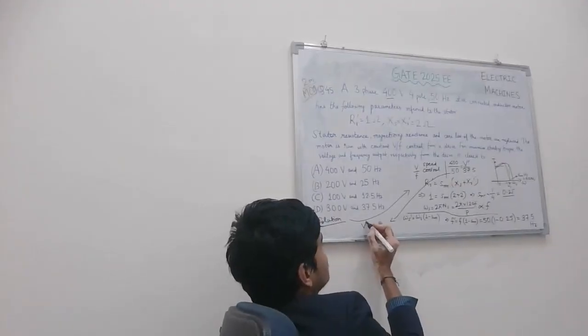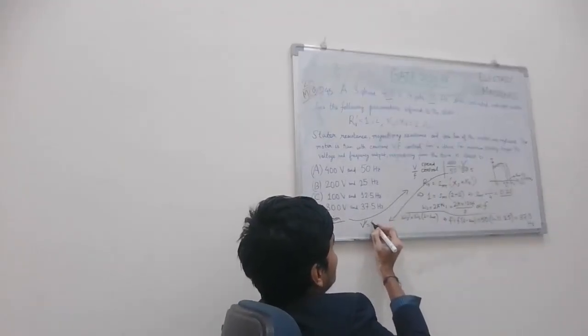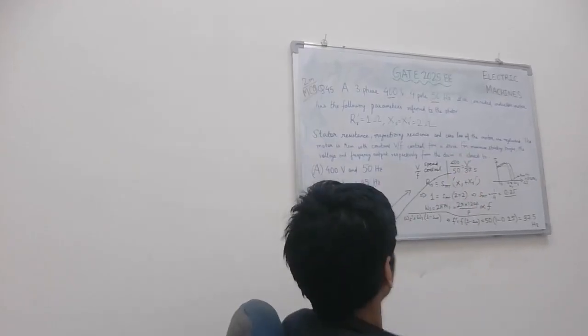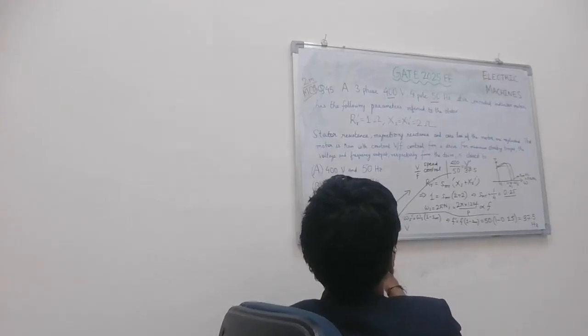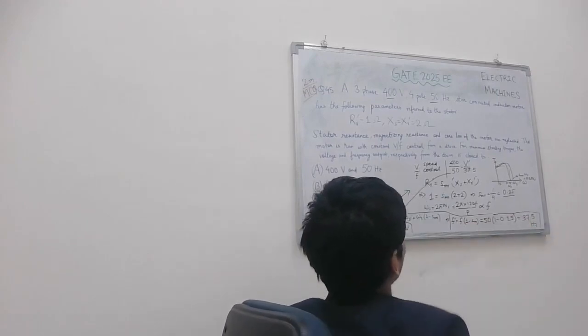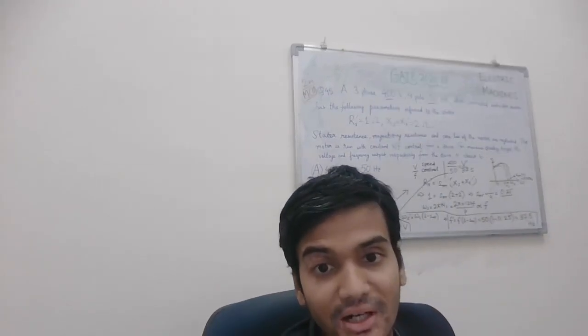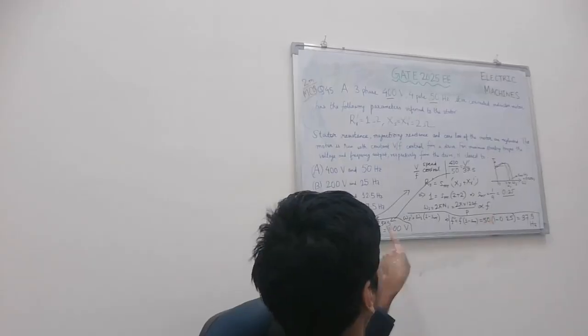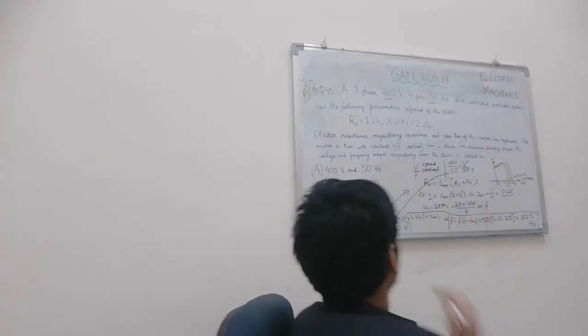V prime is 400 by 50 times the new frequency. Cross multiplying, we get the voltage. So for maximum starting torque, the voltage and frequency output from the drive should be 300 volts and 37.5 Hz. The right answer to the question is option B.